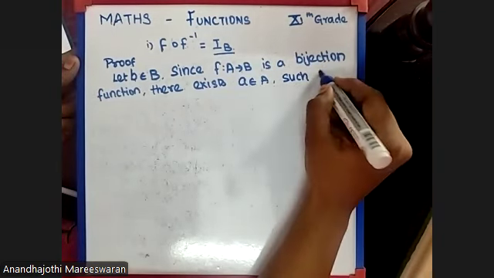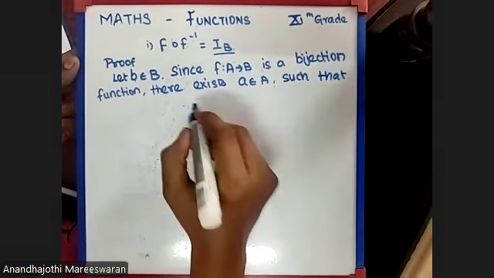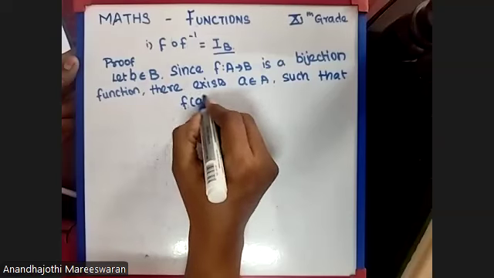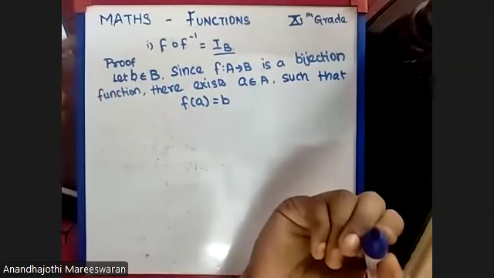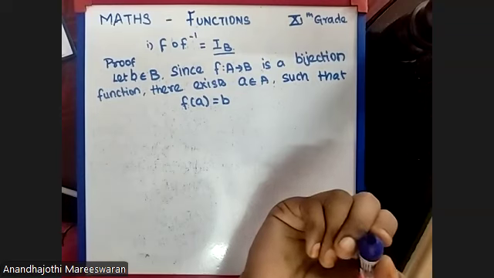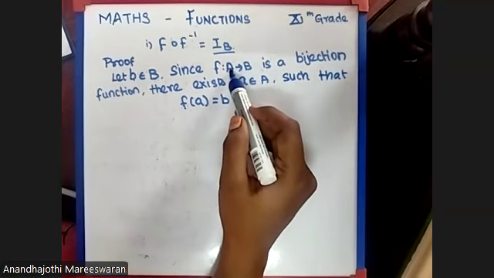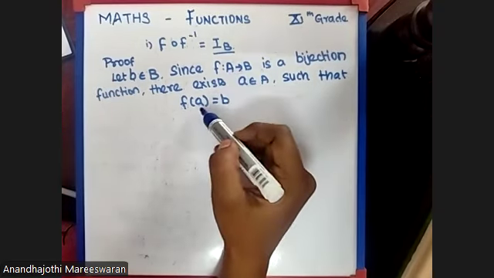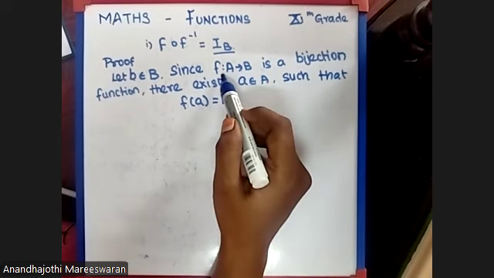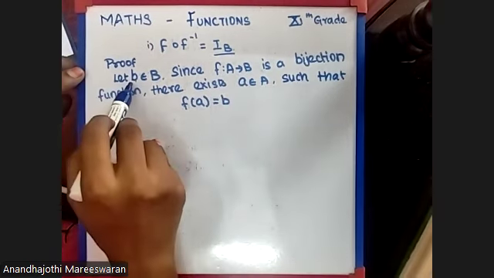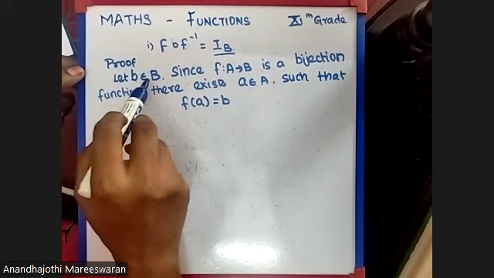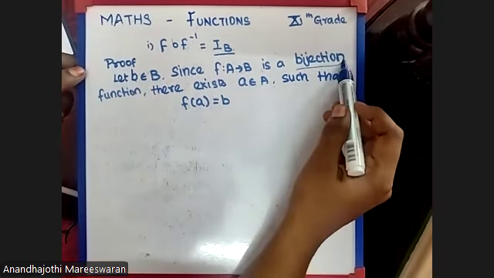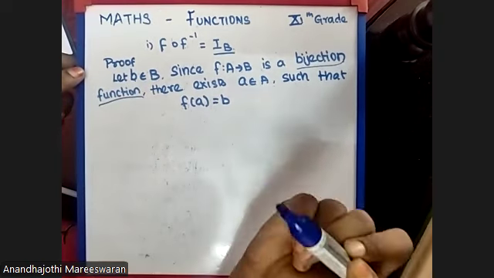Such that we can take f of a equals b, right? Whenever we put this element a in A into the function, it will produce the element b in this set B, right? Why? It is a bijection function, right?